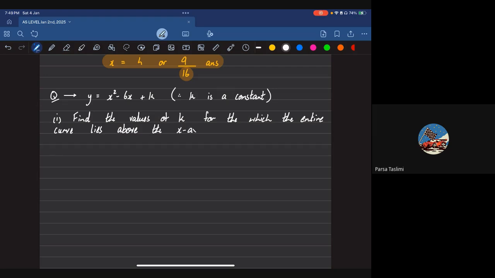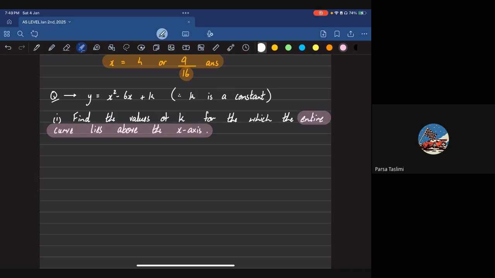Now, they have specifically stated in the question itself that the entire curve lies above the x-axis.